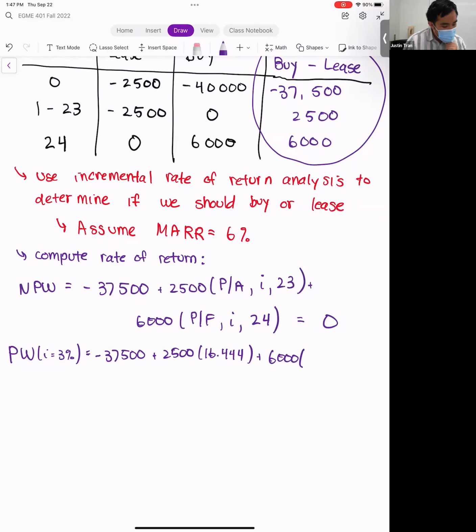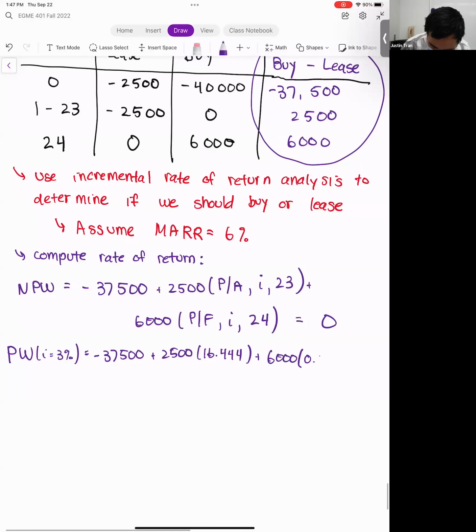Then we have the 6,000, and this 6,000 is going to be multiplied by 0.491. We do the arithmetic, and what we get is $6,561.44.